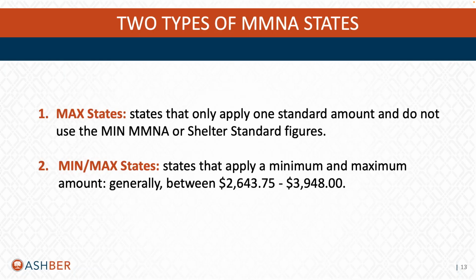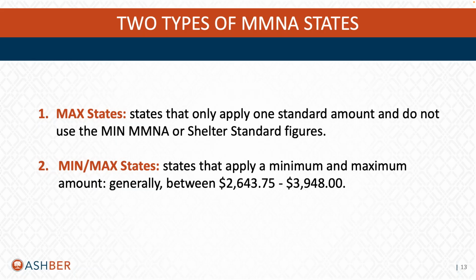So in order to identify how to calculate one's MMNA in a particular state, I think we have to take it back and look on a national scale here, because I'm presenting to attorneys that are all over the country. So I want to make sure this is applicable to everybody. The best way I've always done this is dividing the states into two different categories.